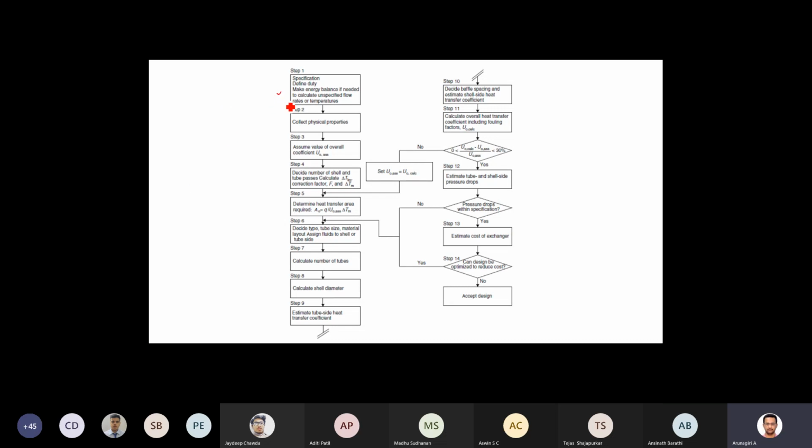First you define the duty. Then you make the energy balance to find the unspecified flow rates or unknown temperatures. Then collect the physical properties and assume the value of the overall heat transfer coefficient. Then decide the number of shell and tube passes, and calculate the delta TLM, the LMTD correction factor, and then delta TM.